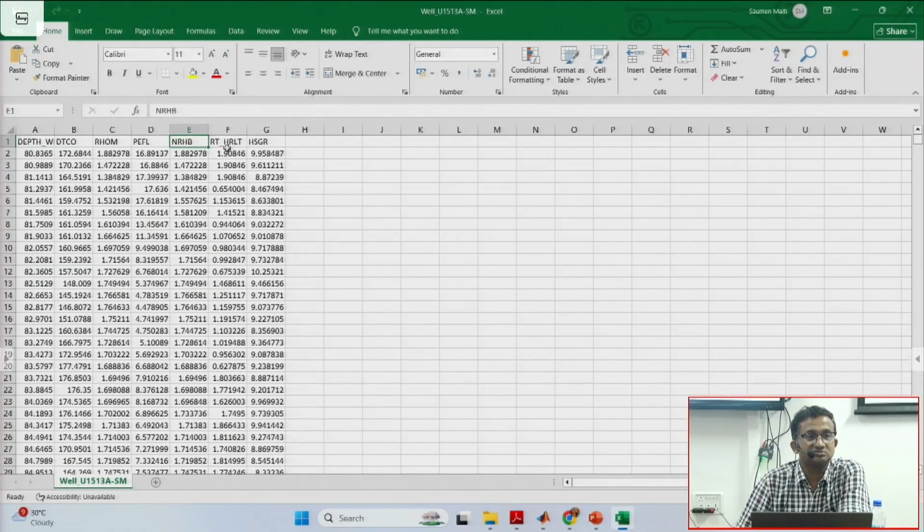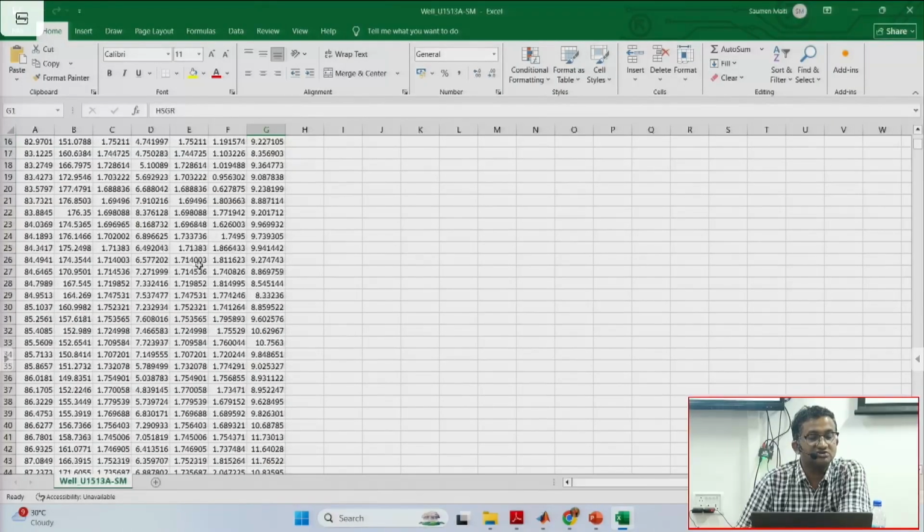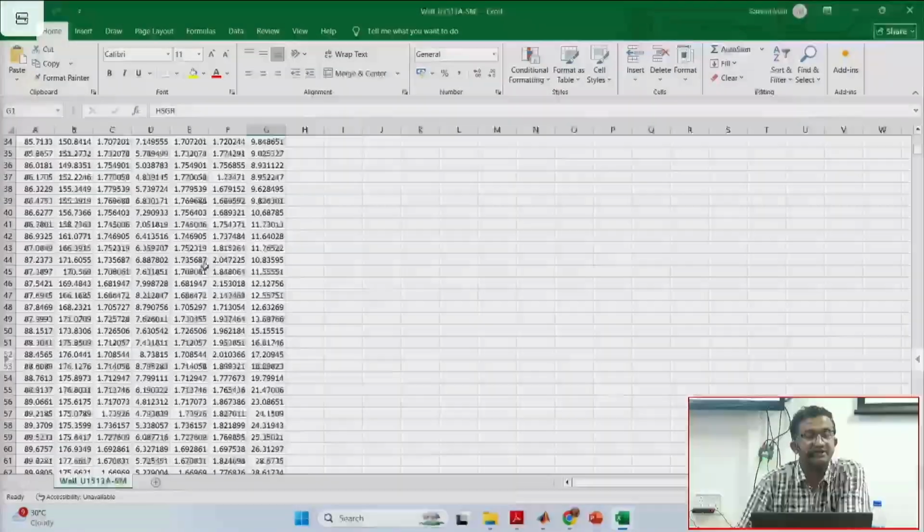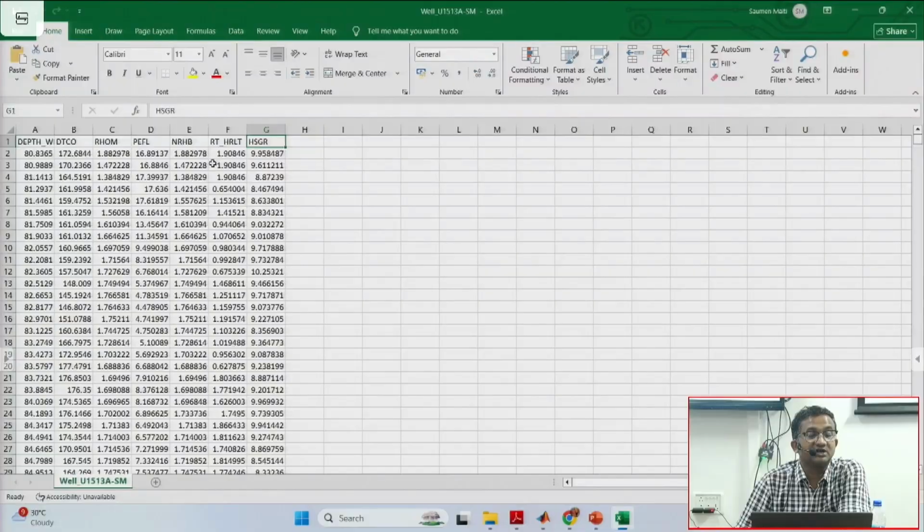One is your density, another is from the gamma also. Some relations are there through which you can get the density. Some are natural gamma. There are varieties of these response tools. These records we have to use.